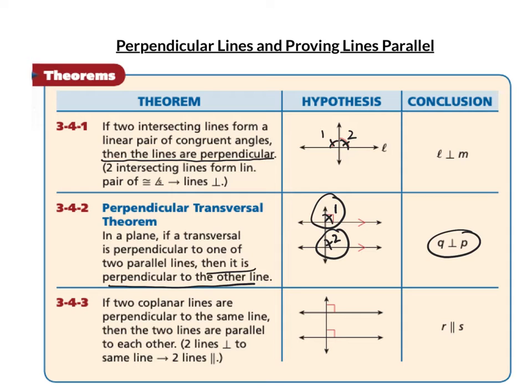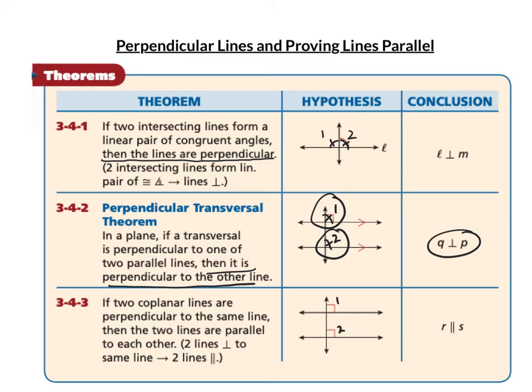Last theorem, if two coplanar lines are perpendicular to the same line, then the two lines are parallel. This is the converse theorem you're using here, because if angle 1 and 2, if they're both perpendicular, the two lines are to the transversal, then those are congruent corresponding angles.